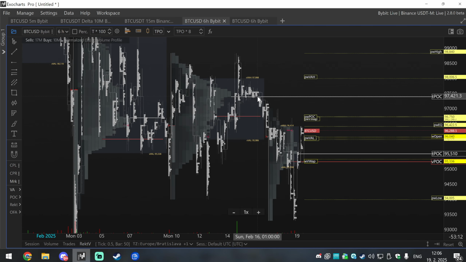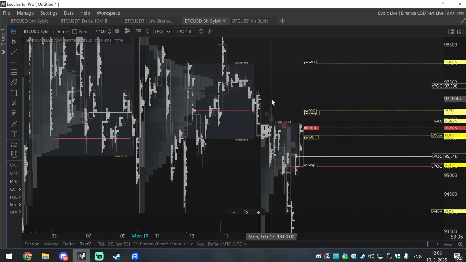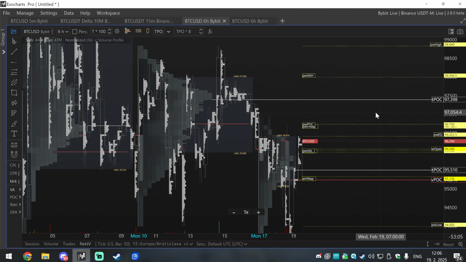From the previous week, we still have the resistance you'll be watching. So once the market finds some nice volumes and starts taking out this high, I would have an alert definitely on 97,398 for a nice reaction. So that is waiting. Weekly naked point of control. Market looking still strong.